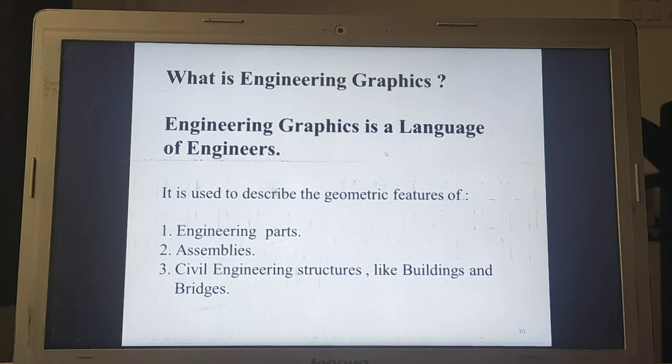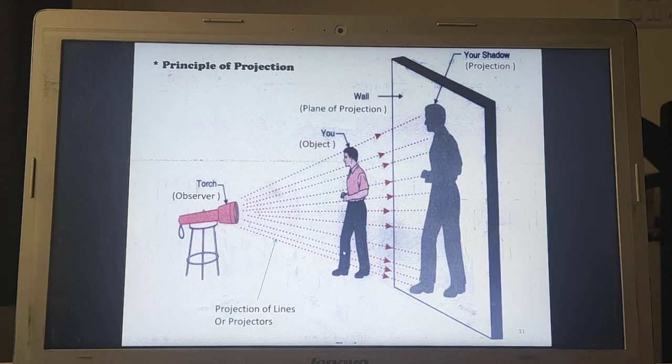With this language we communicate engineering parts, assemblies, and different civil engineering structures, which are buildings and bridges. So with this particular language we are about to communicate all these parts, isn't it?